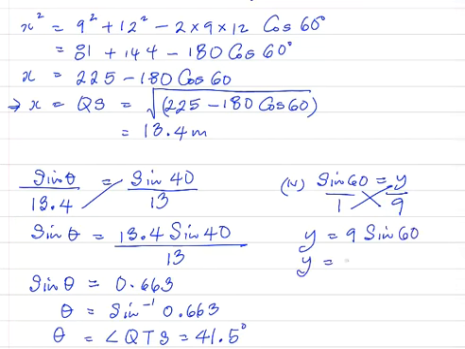So y, which is QU, the perpendicular distance from Q to RS, is 9 times the sine of 60, which is 7.8 meters to 1 decimal place.